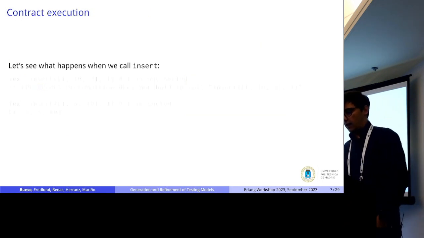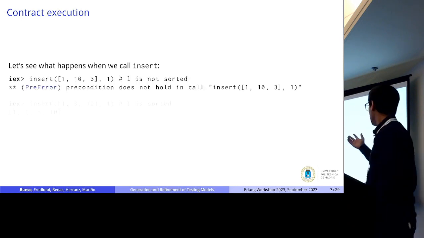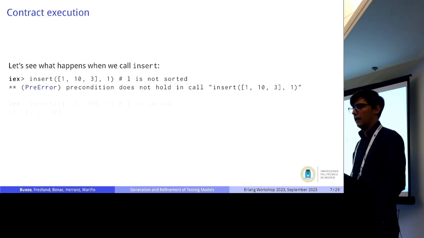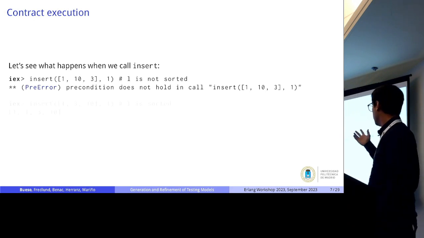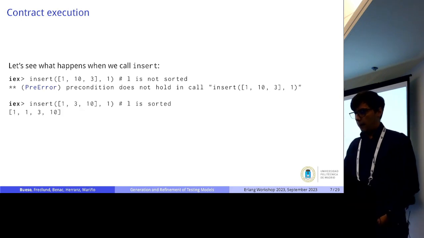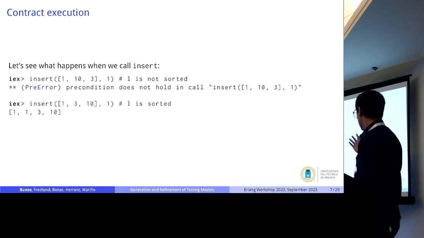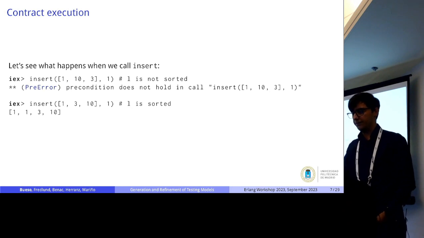So let's see how this works, what happens when we call insert. If we call insert with a list which is not sorted, it will throw an exception that tells us that the precondition does not hold. And if we call it with a sorted list, it behaves like we expect and it computes the result.